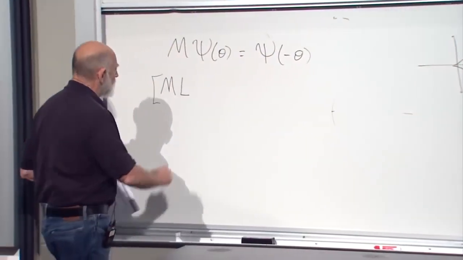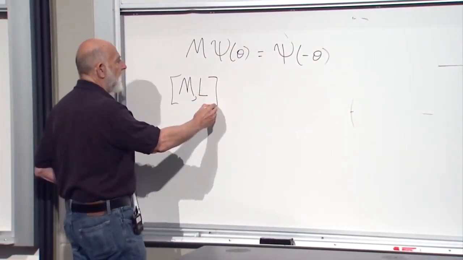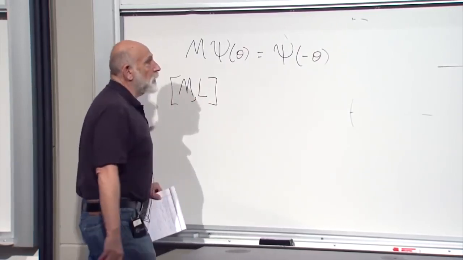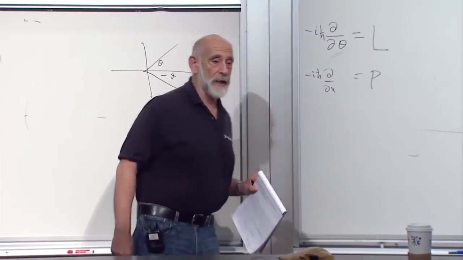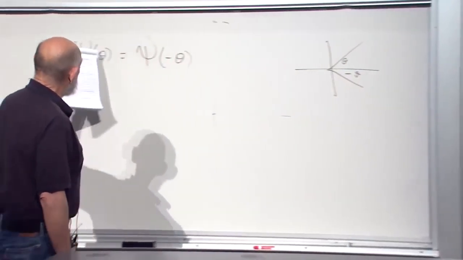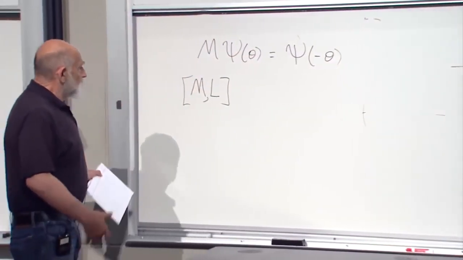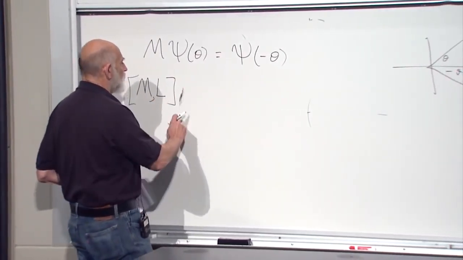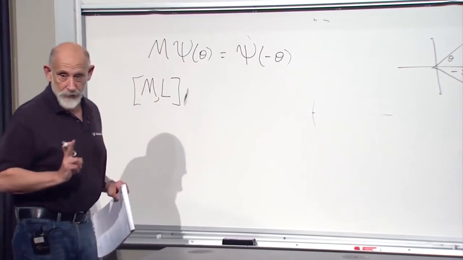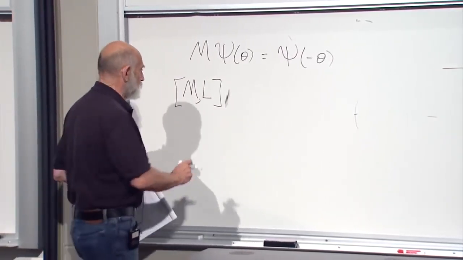Let's look at the commutator of M with L. We know what L does. It differentiates with respect to theta. What does M do? It reflects theta. So we can figure out what it does when it acts on a wave function.